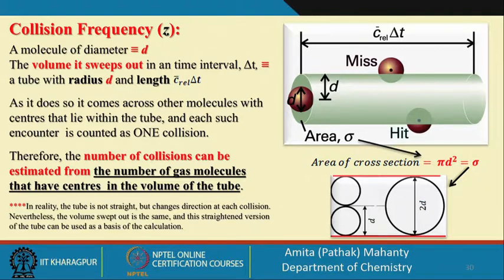All the rest of the molecules which have their centers within this tube are frozen, and only those particles having their centers within this tube will collide. If I know the total number of molecules in the tube, then I can find out how many collisions they are undergoing. If I know the number of collisions, that gives me the collision frequency.